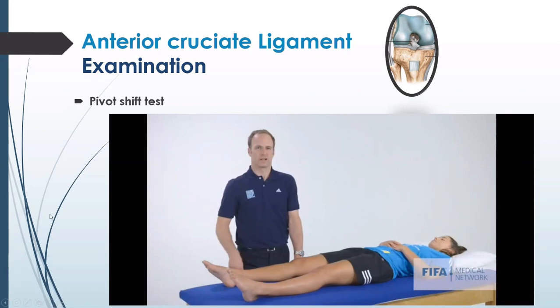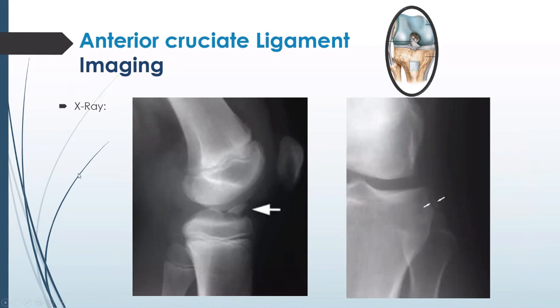So with these patients, usually when they come, we can do an X-ray for imaging. Usually the X-ray is normal. In some rare cases, we may have some kind of avulsion of the tibial tuberosity at the site of insertion of the ACL, and this we can mainly see in young patients.